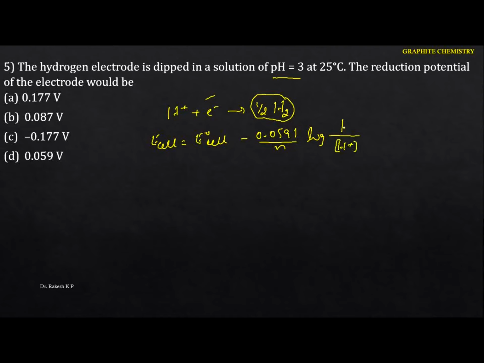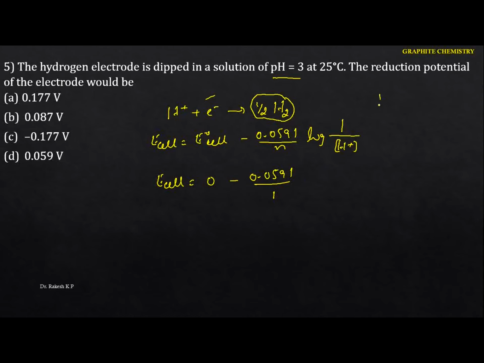This is the concentration of the product by the reactant. Now let me calculate the E cell here. For the standard hydrogen electrode, the E naught cell value is 0. Then 0.0591. What is the n value here? The n value is 1. Just identify this one.